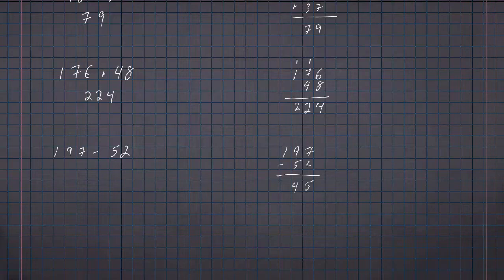And 1 minus nothing is 1. 197 minus 52 is 145.